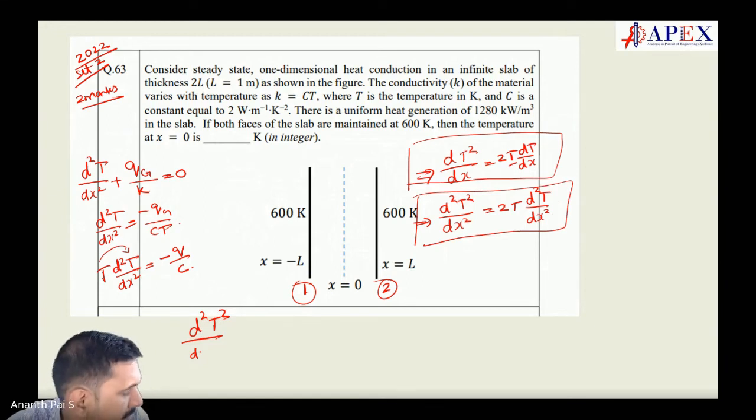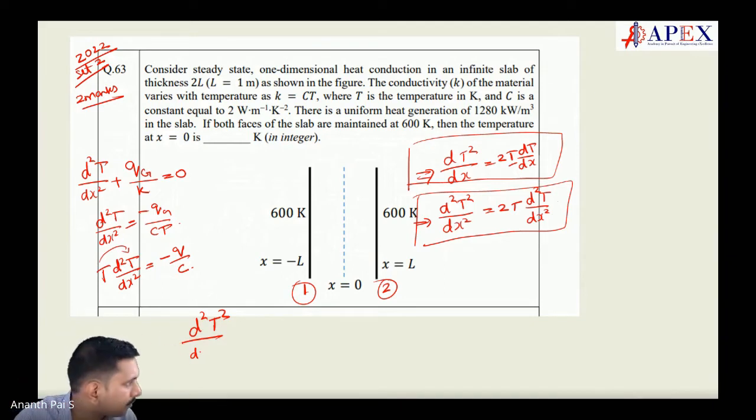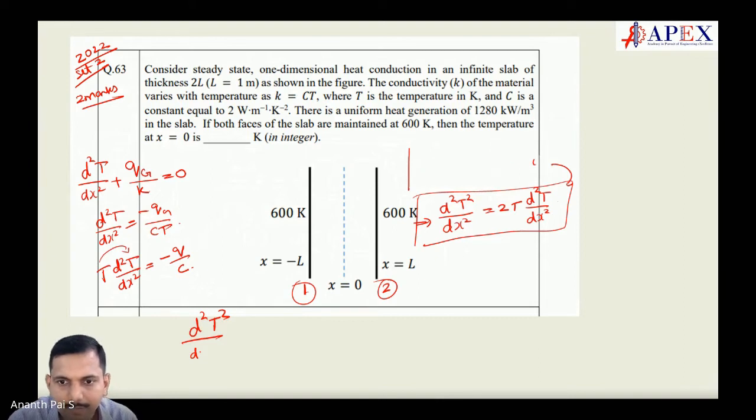If I double differentiate t square, okay, suppose in case I'm not differentiating the first one. No, no, no. Okay, leave this. Not required. Wait a minute. I got the confusion.